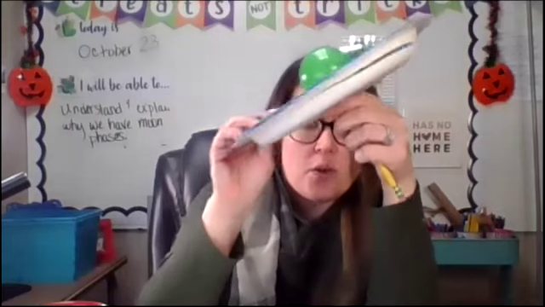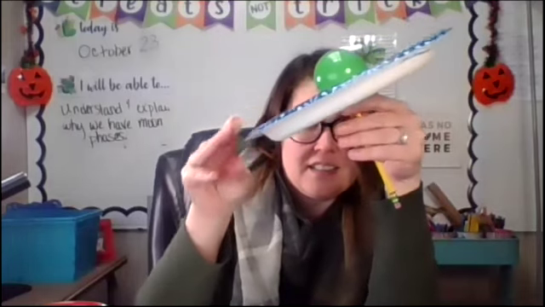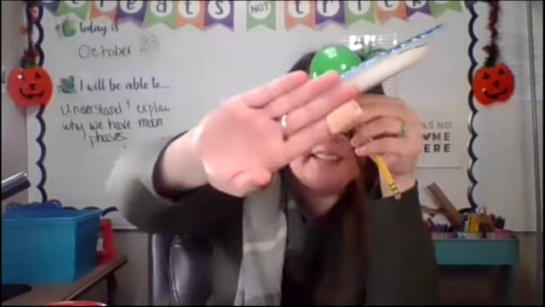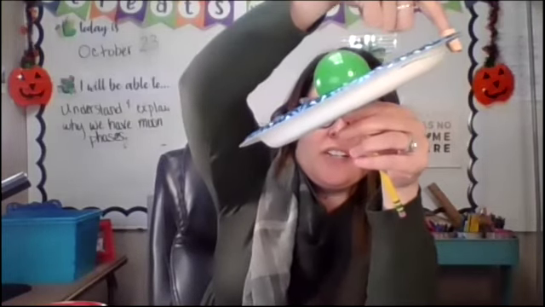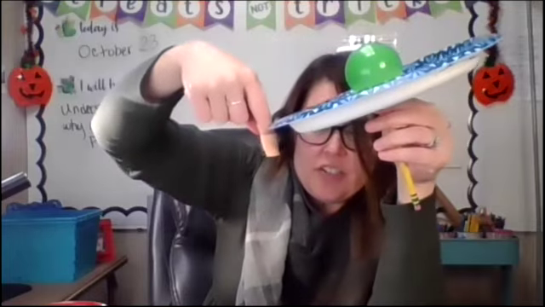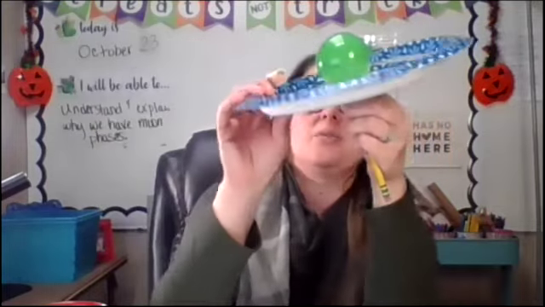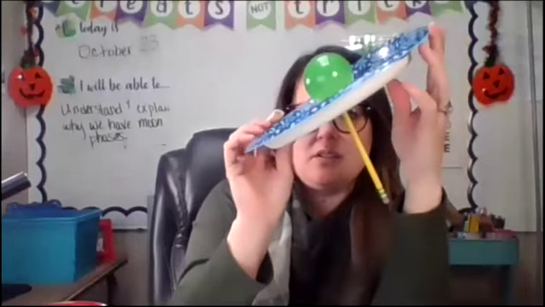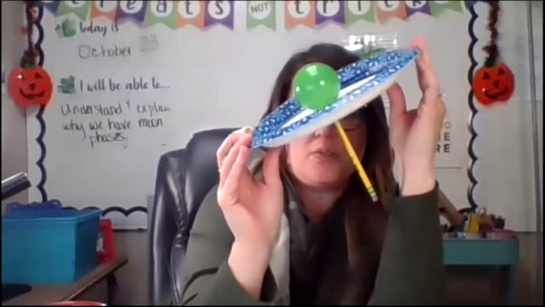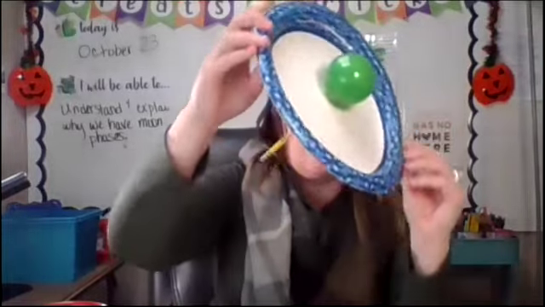So the orbit does not stay like this. The moon does not always go up above the earth and down below the earth. This is going to be kind of weird, and I'll try to see if I can get it right. The orbit of the moon actually goes like this.